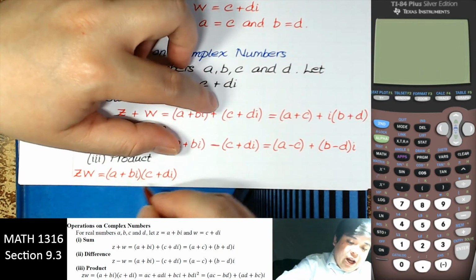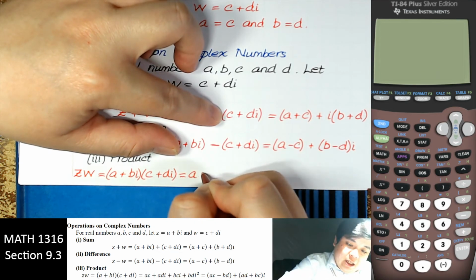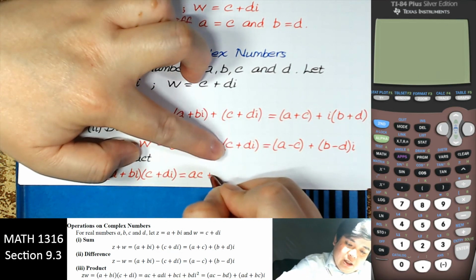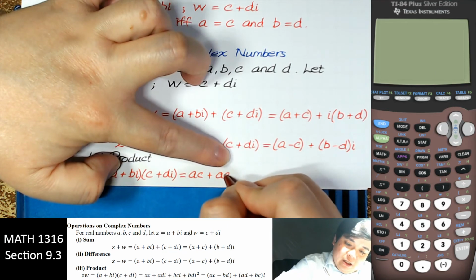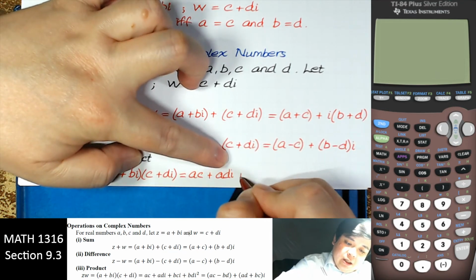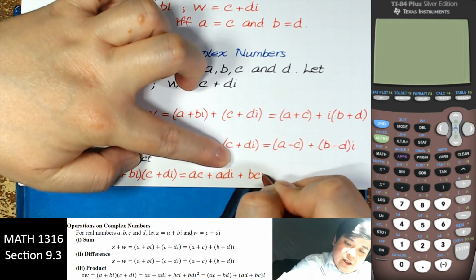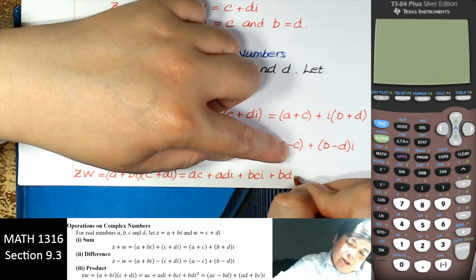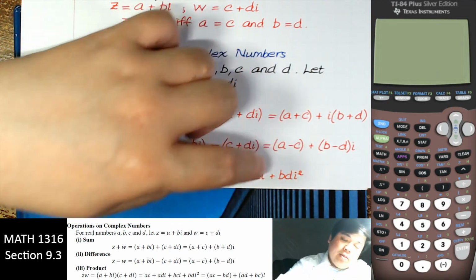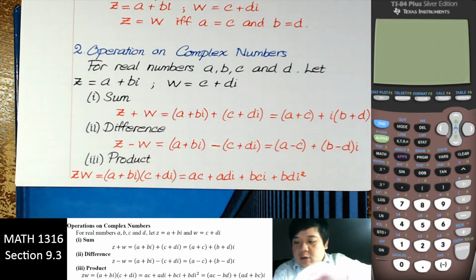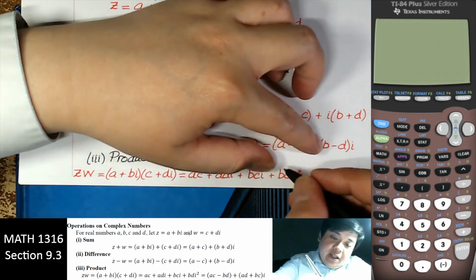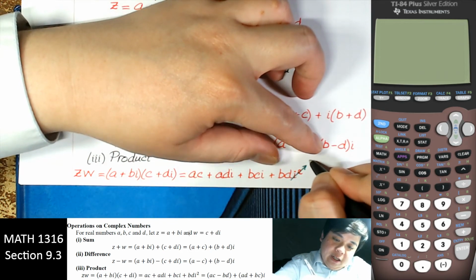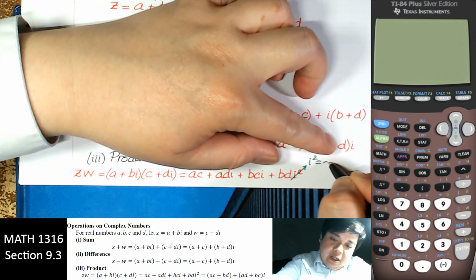Now we will multiply out: ac plus adi, bci and bdi squared. Just multiply it out. Next, i squared is -1.